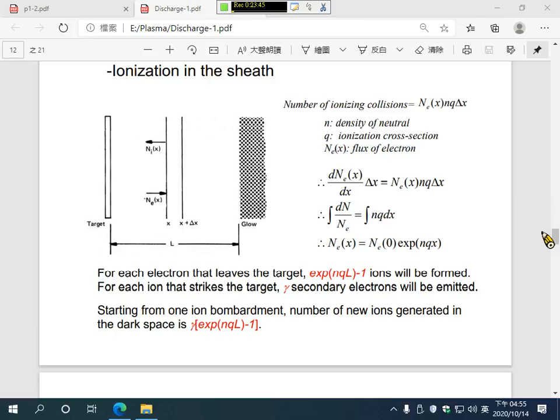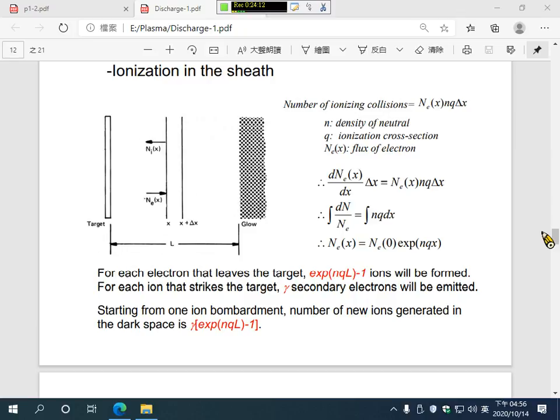But in this chapter, Chapman used NQX. N is the density of electrons, Q is the cross-section of the collisional process, and X is the distance.